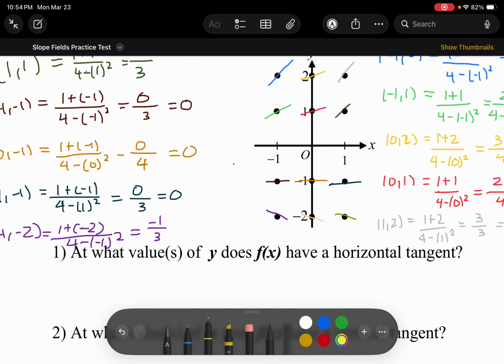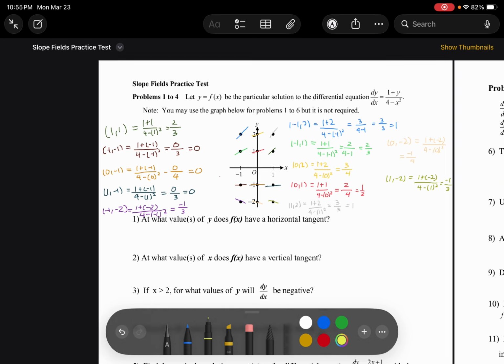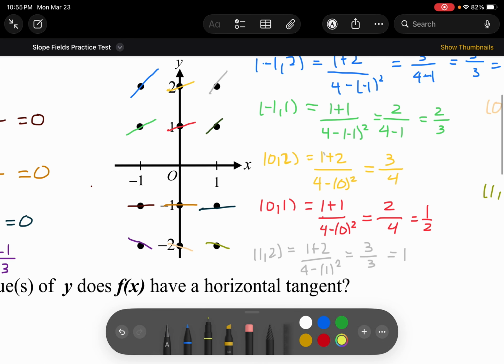Something like this, it doesn't have to be super specific, as long as you make it obvious, you know what you're doing, and you can distinguish. The AP graders can distinguish the difference between your narrow and steep lines.